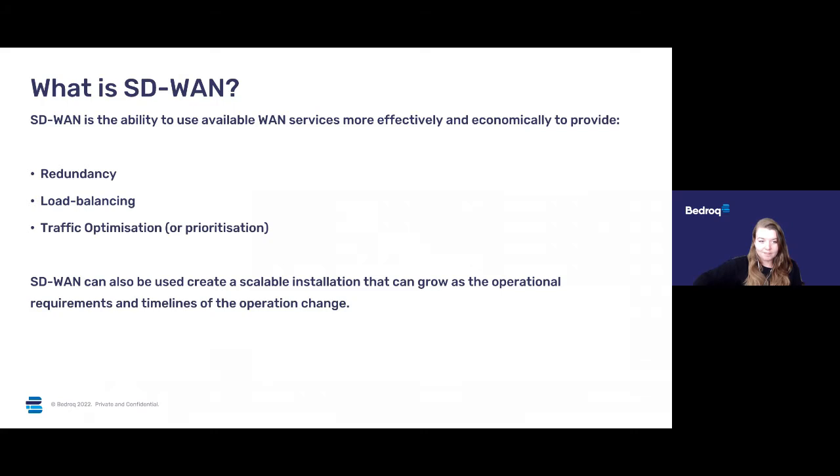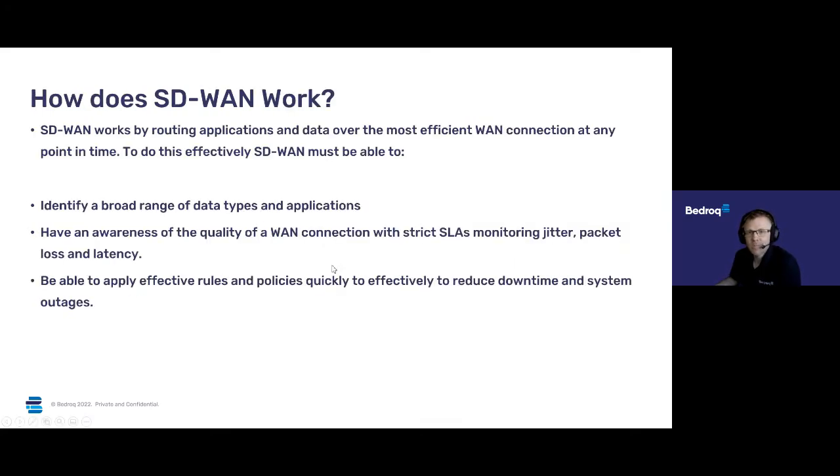So if we have a look at how it works. SD-WAN works by routing different applications and different types of data over the most efficient WAN connections at any point in time. To do that, it's got to be able to identify a broad range of data types and different applications.